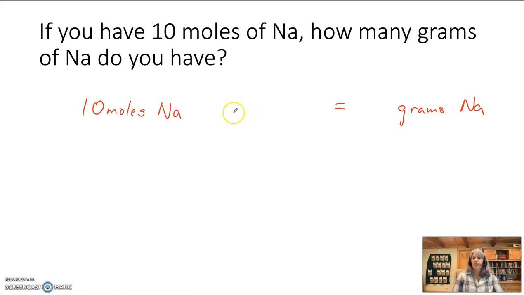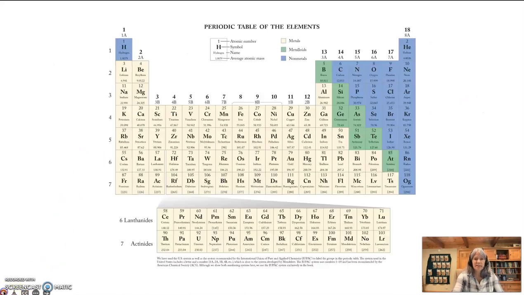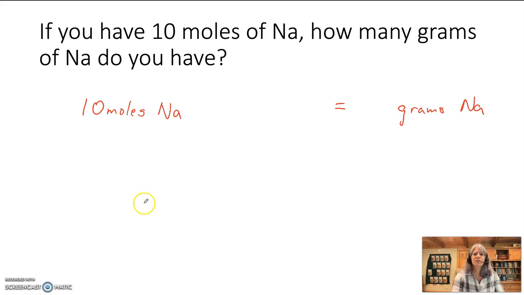So we need a conversion factor, and what we use is the periodic table. If we go back to our periodic table and we look at sodium, we see the mass there, 22.990 grams, meaning 1 mole of sodium is 22.990 grams.